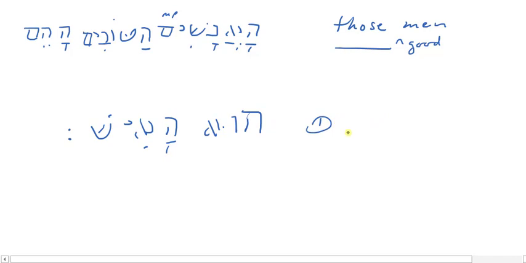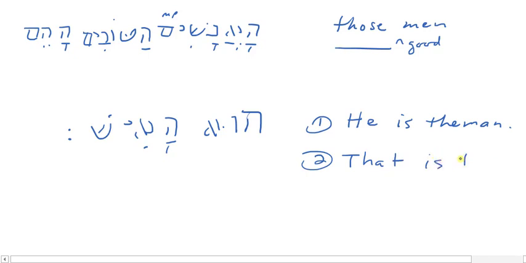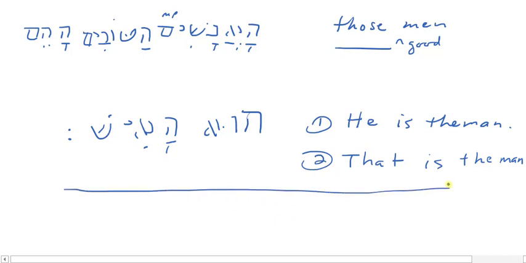In the first case, the hu could be a personal pronoun, and if it's a personal pronoun, it's he. He is the man. Secondly, hu could also be the demonstrative pronoun, in which case I'm going to translate it as that is the man.